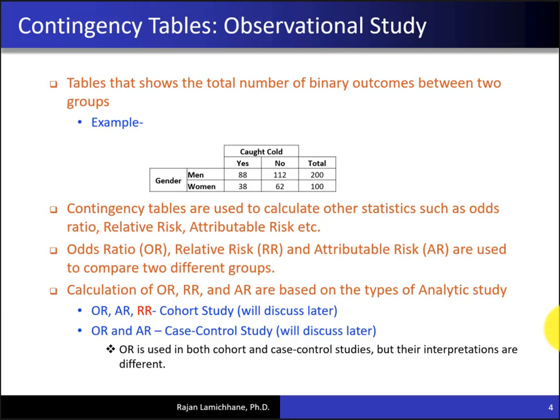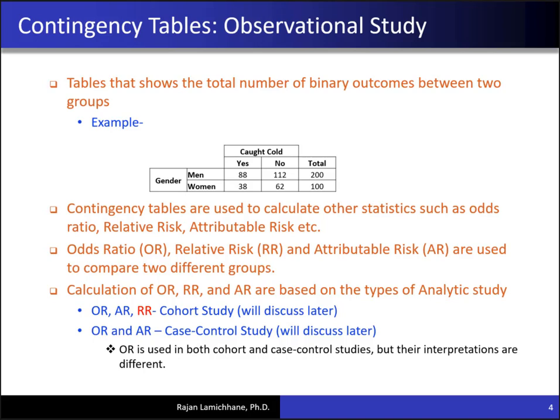In a contingency table, you can represent the numbers that appear in each category. Whenever you are dealing with qualitative data, or data with categories, we always represent the data in terms of numbers, meaning the frequency. Percentage and frequency are the two major things we always look for in qualitative data.